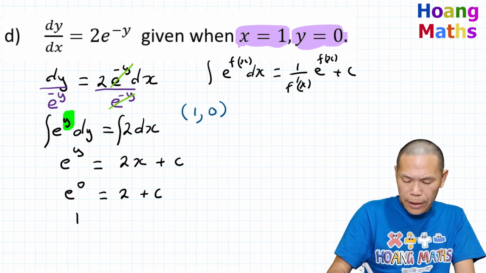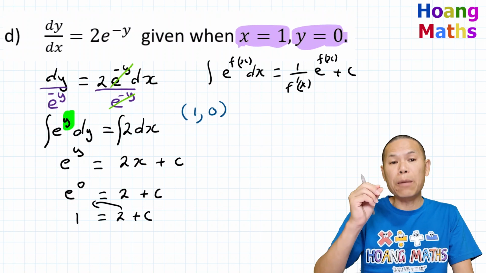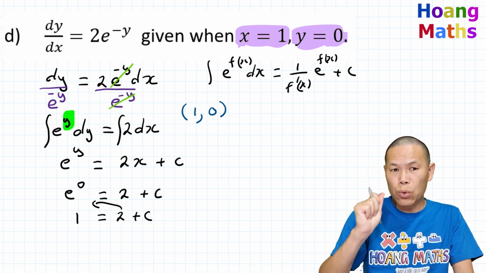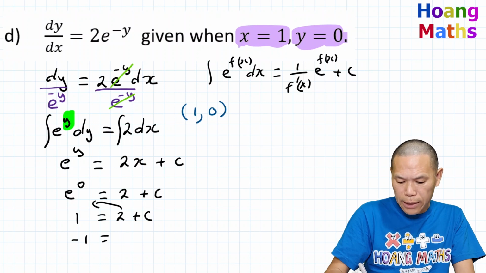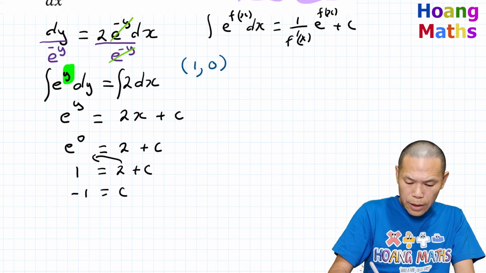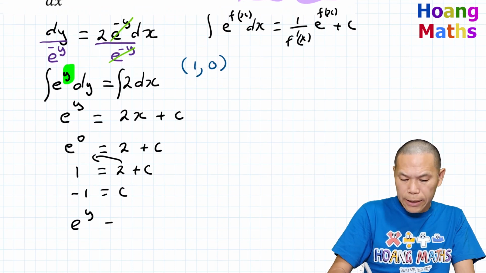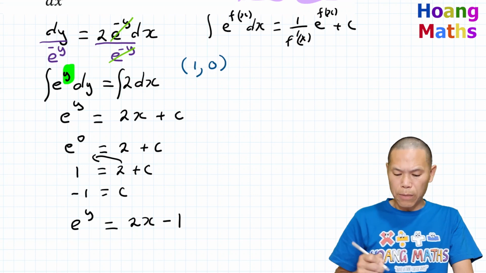So 1 is 2 plus c. I move the 2 to that side and it becomes minus. So 1 minus 2 gives me negative 1. So that answer is c. Therefore, e to the y is 2x plus c, where c is minus 1.